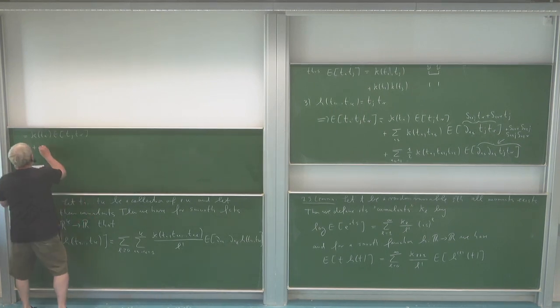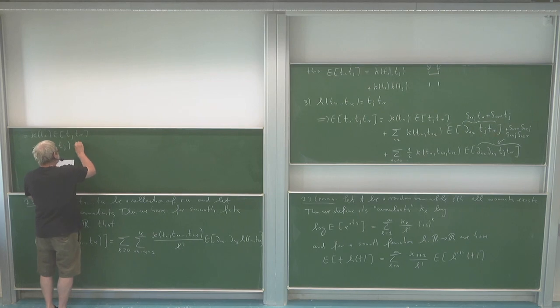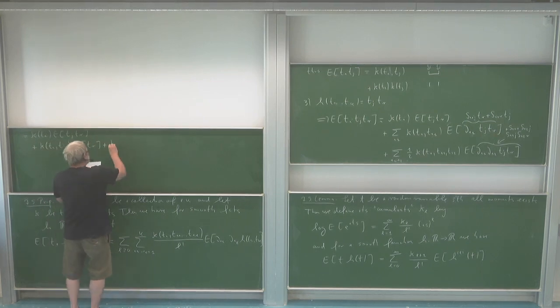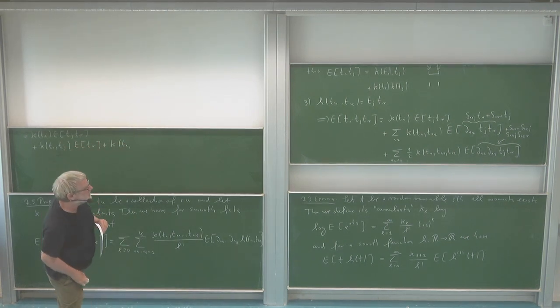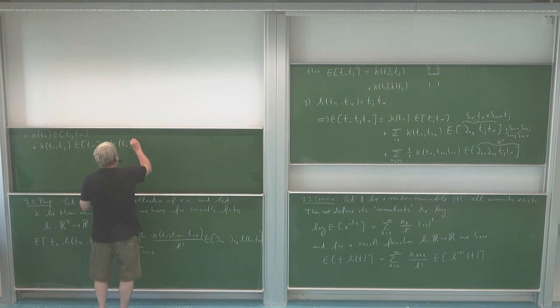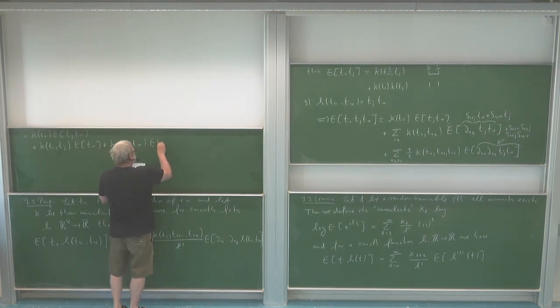So this is kappa of ti, and then the I1 has to be equal to j, and I'm left with the other variable, which is tr. Or I have the other term, where the I1 has to be equal to r. So I have here the tr, and then I'm left in the expectation with the other guy, with the tj.